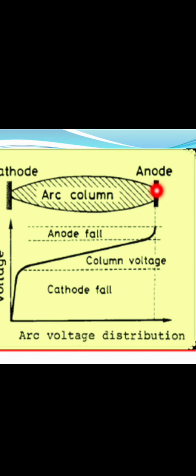The anode ejects the carbon. Okay, so while the anode is heated, it ejects the carbon. While the carbon atoms move through the arc column, here the helium gas is filled, so it is a cooling gas.